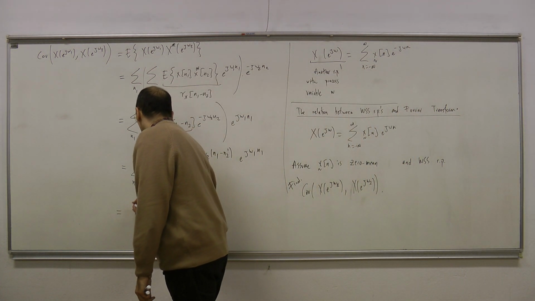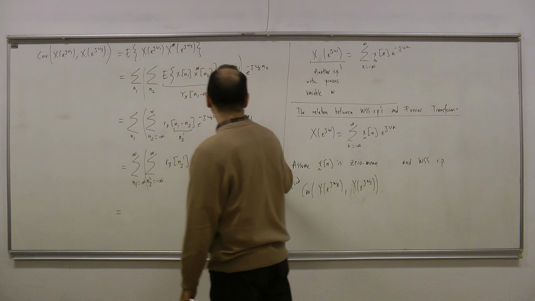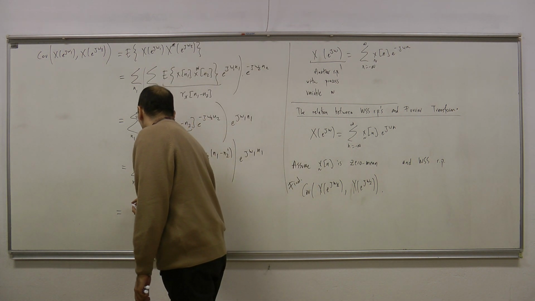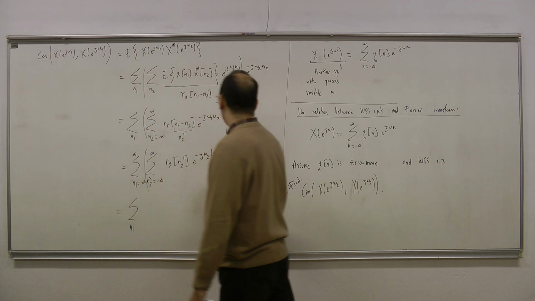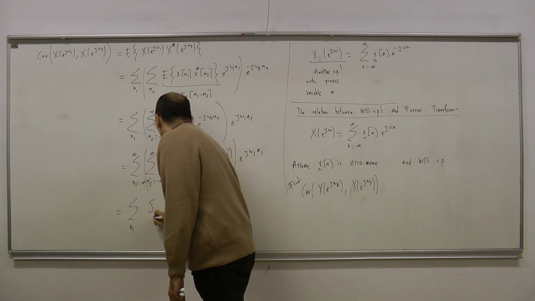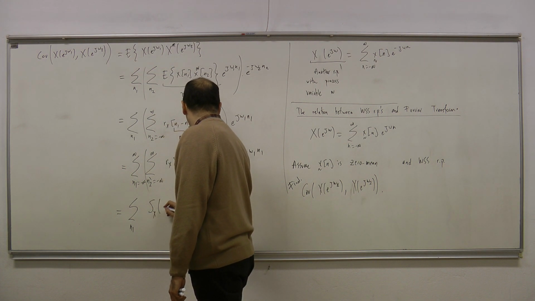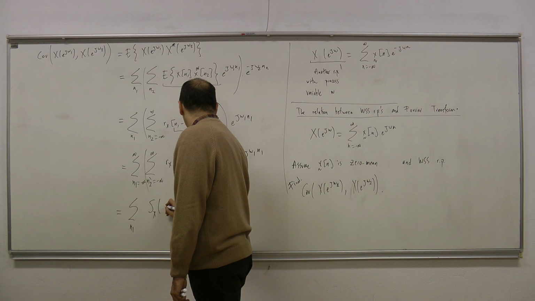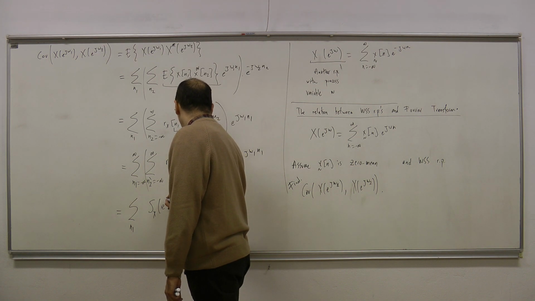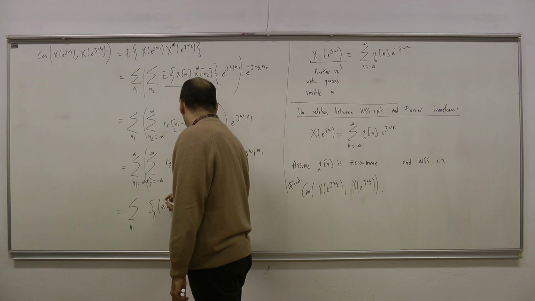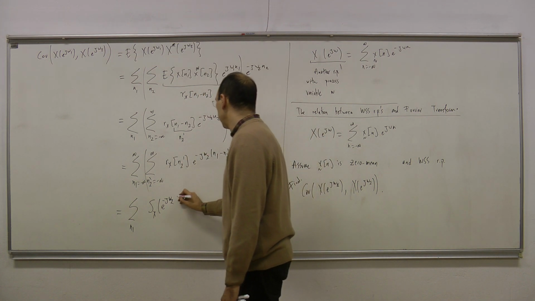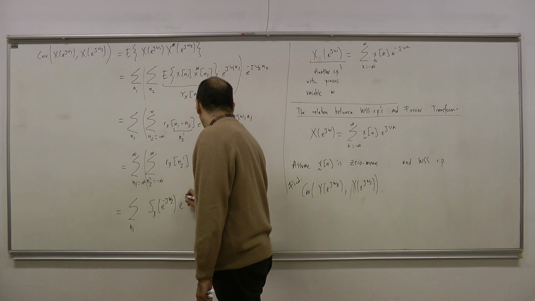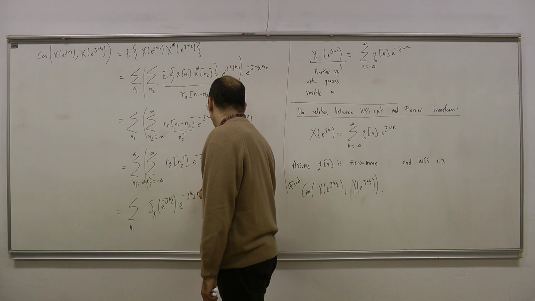Then, if I do this part, I get N1. So this is now the Fourier transform Sx e to the j omega 2, but with a minus sign over here. E to the minus j omega 2 n1.